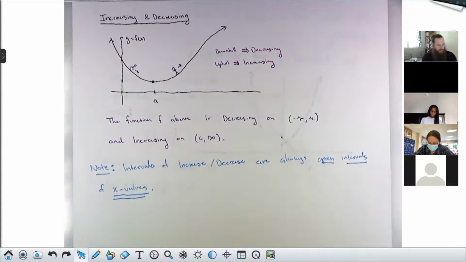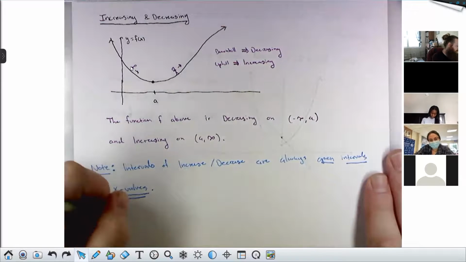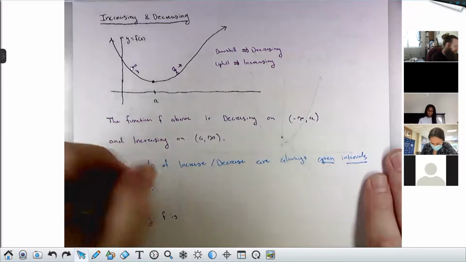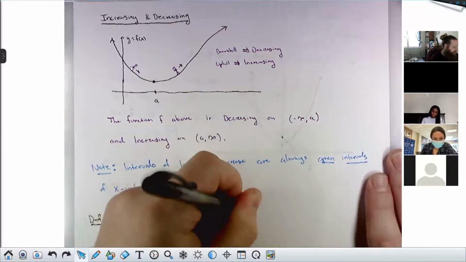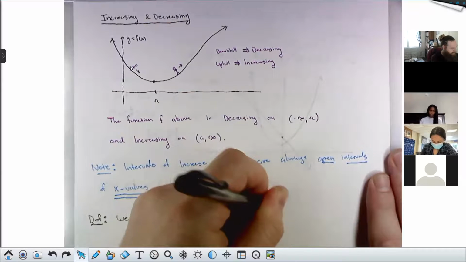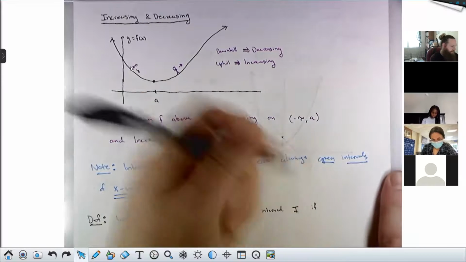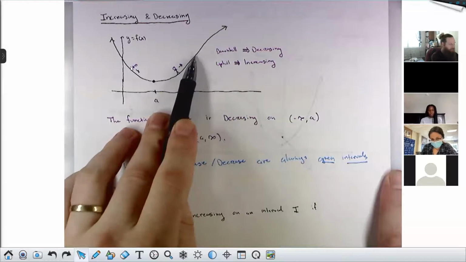So with that in mind, I want to show you how we would define increasing and decreasing in a slightly more grown-up math class. It's the actual definition of increasing and decreasing. We say f is increasing on an interval, I'm just going to call it I, so if you're increasing, that means as you go from left to right, you should be getting higher and higher.